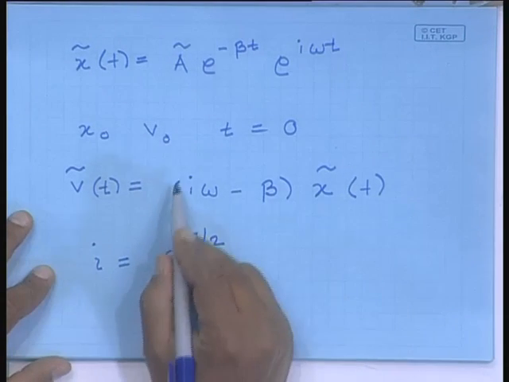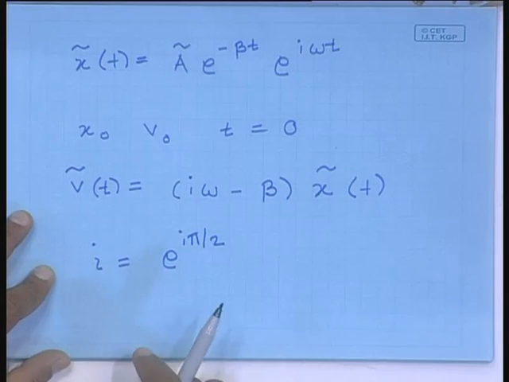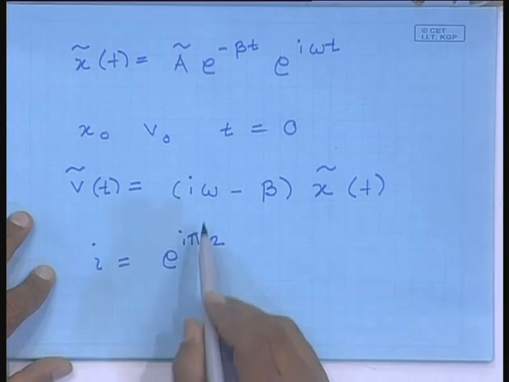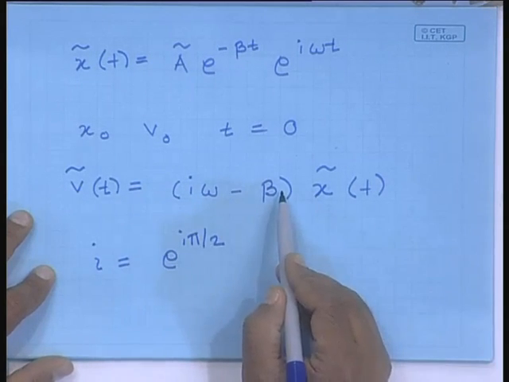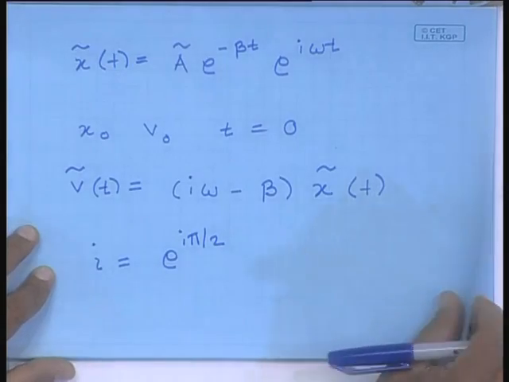Let us write this complex number in terms of an amplitude and the phase. The amplitude of this complex number is the square root of omega square plus beta square.